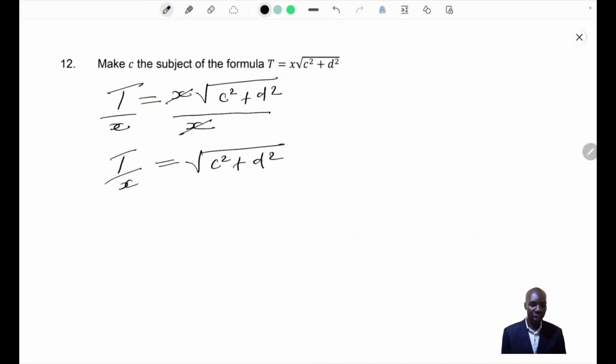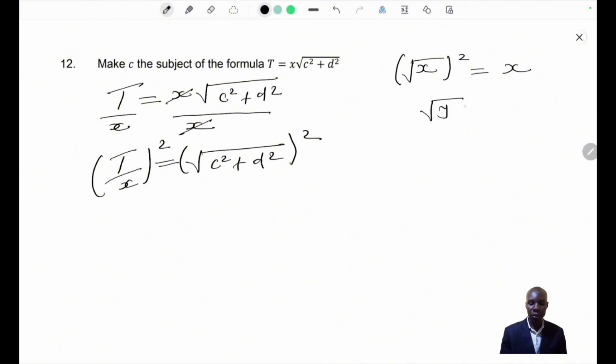The next thing that we can do is to do away with the square root on the right hand side. So we are going to square both sides. Remember, I told you that if you have the square root of a number and you square it, what we are going to remain with is that number. Even if it is square root of y, if I square it, what I'll have is y.